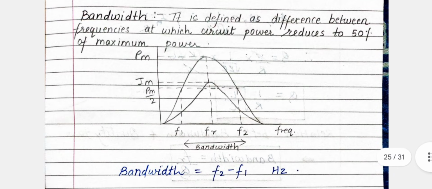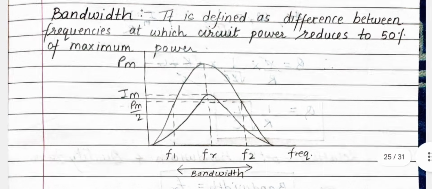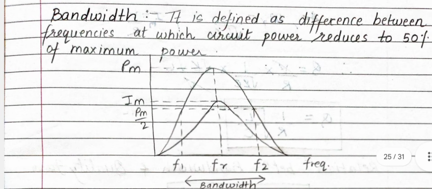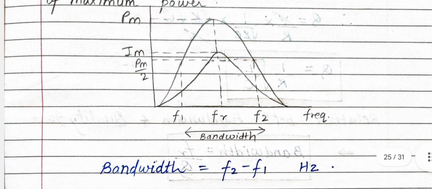Now the last part has some topics like bandwidth and some definitions which are very important. So you don't have to skip this topic, I will say. So what is bandwidth? First of all, bandwidth is defined as the difference between frequencies at which circuit power reduces to 50% of maximum power. If you don't understand the definition, leave it. What is it?